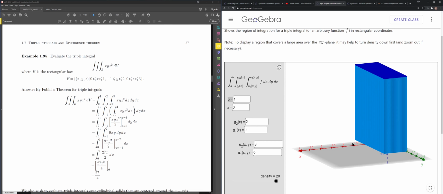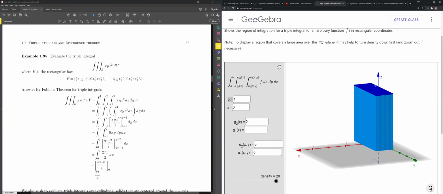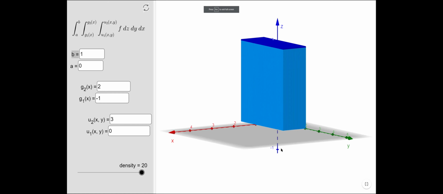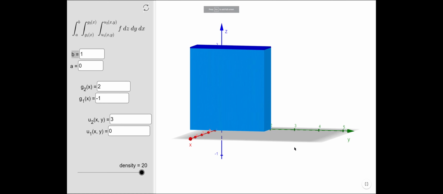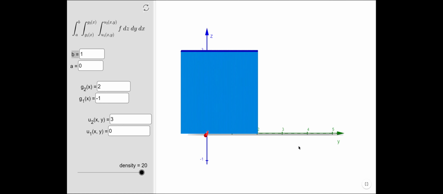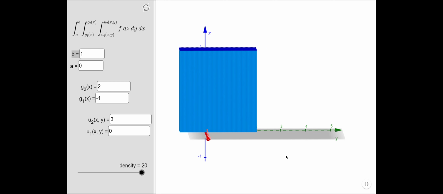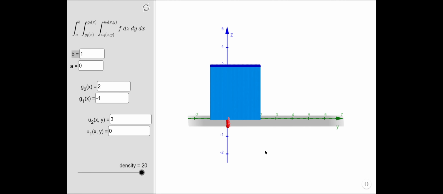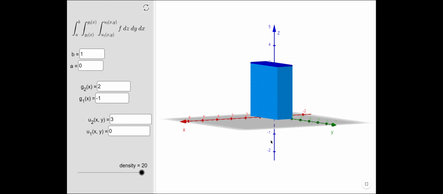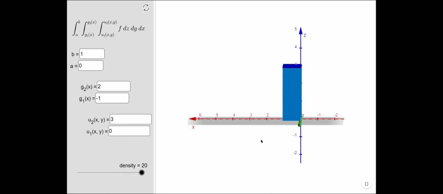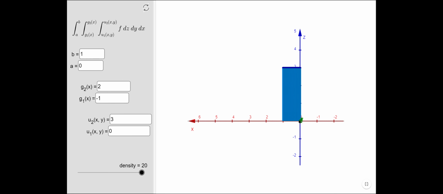So this is what the box is going to look like. You see that z lies between 0 and 3, y lies between -1 and 2, and x lies between 0 and 1 here.